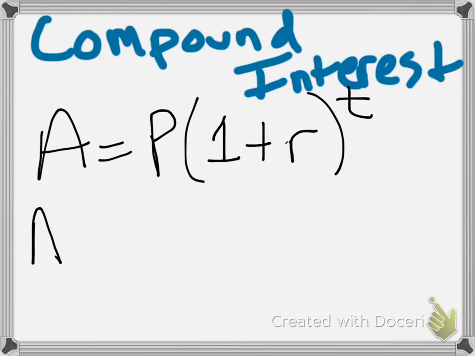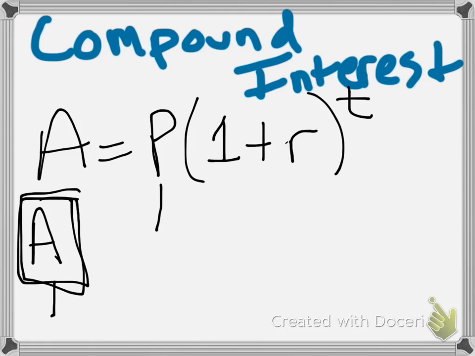Alright, so A is, instead of I, it's A. And the reason is that you can't have the same letter representing different things in two different equations. It's basically the interest that has incurred. It's the amount of money that has compounded in interest. Okay, so we've got A. Most of the time you're trying to find A, so we'll look at that.